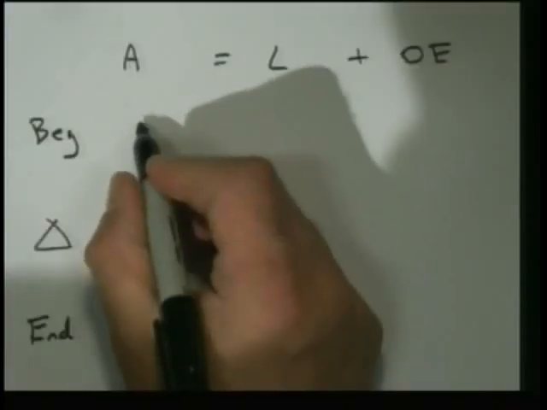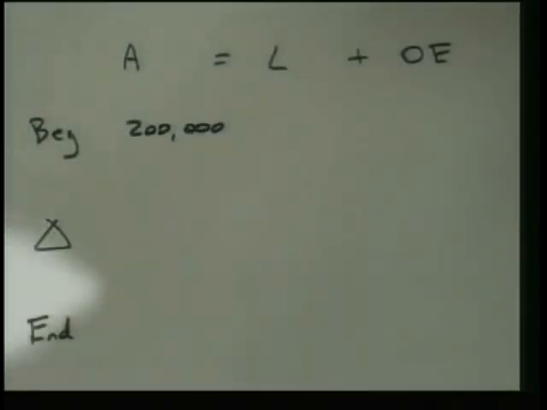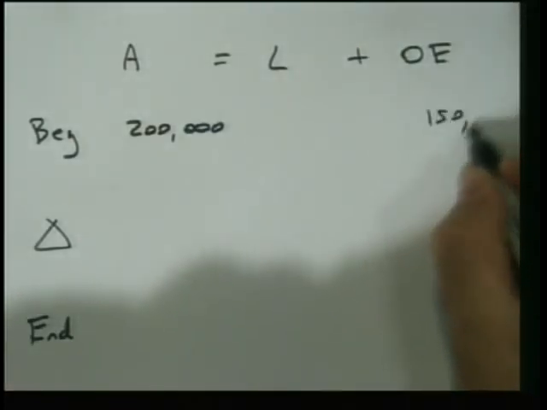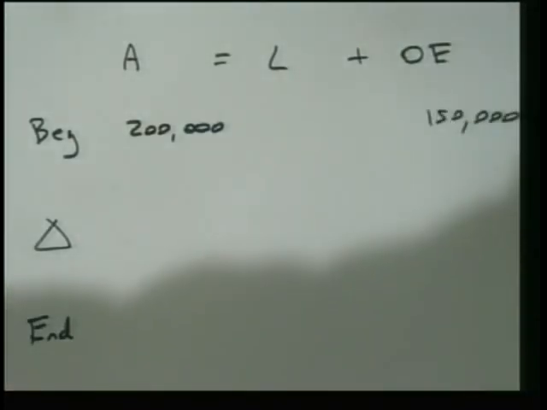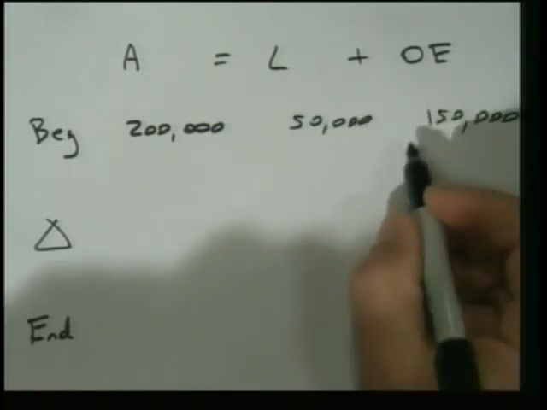So let's read exercise 1.8b, and let's put in the information as we read it. At the beginning of the year, Logan Company's assets are $200,000. So let's put $200,000 in there. And its equity is $150,000, correct? Well, we know liabilities, don't we? What are liabilities? 50.